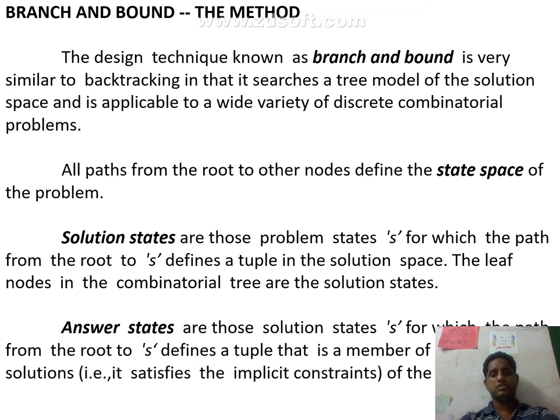Solution states are those problem states S for which the path from the root to S defines a tuple in the solution space. The leaf nodes in the combinatorial tree are the solution states. Answer states are those solution states for which the path from the root to S defines a tuple that is a member of the set of solutions of the particular problem.